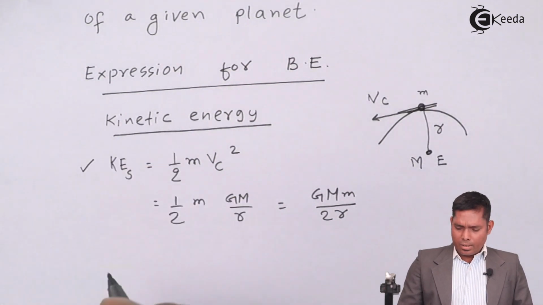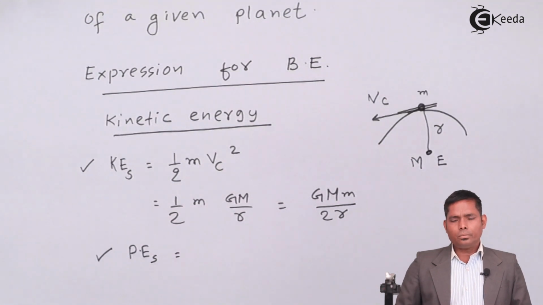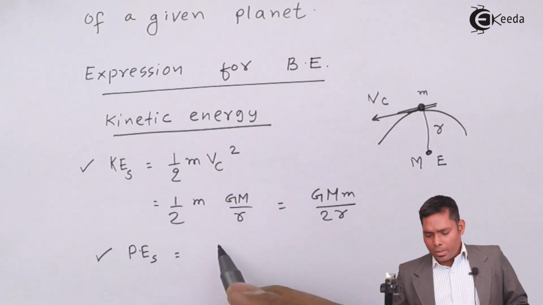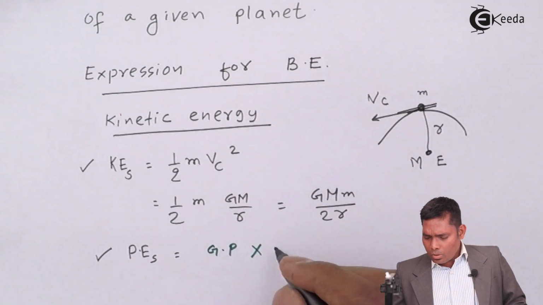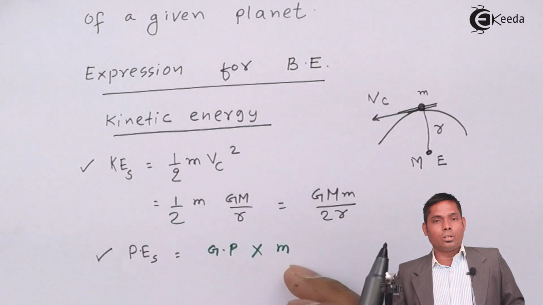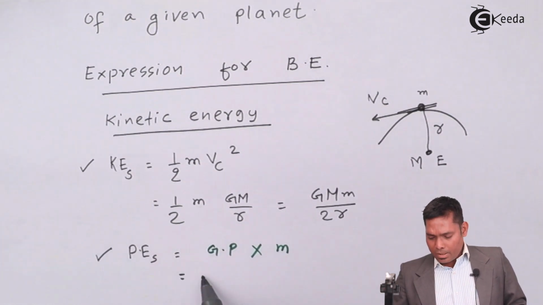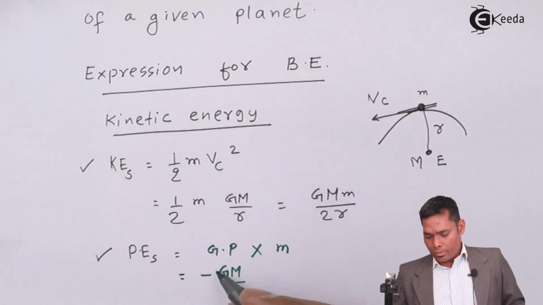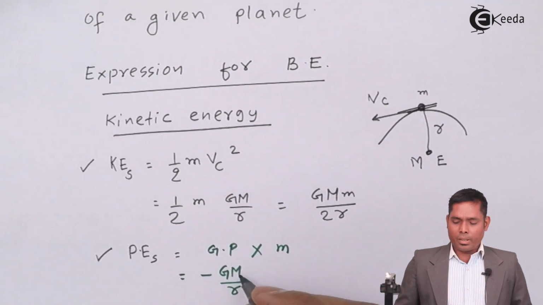After kinetic energy, let us find the potential energy of the satellite. The potential energy is given by the gravitational potential times the mass of the object. The gravitational potential is minus GM over R. This is the formula we have to remember; we are not going to derive it by integration.